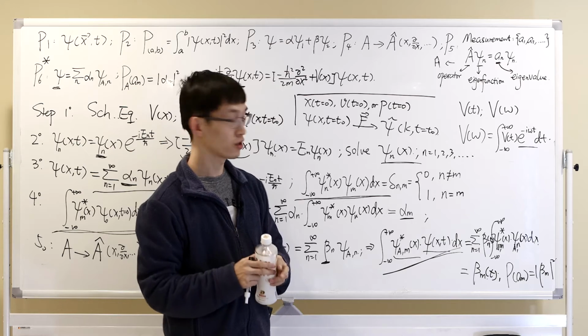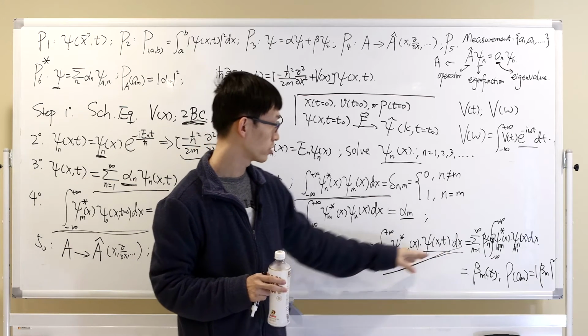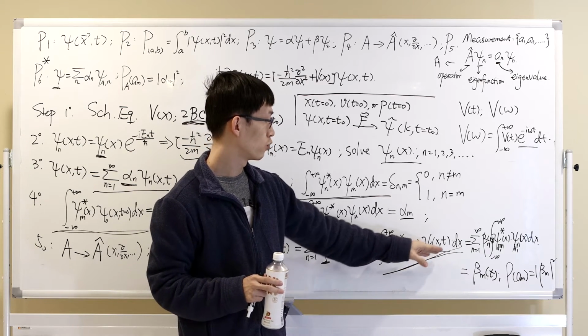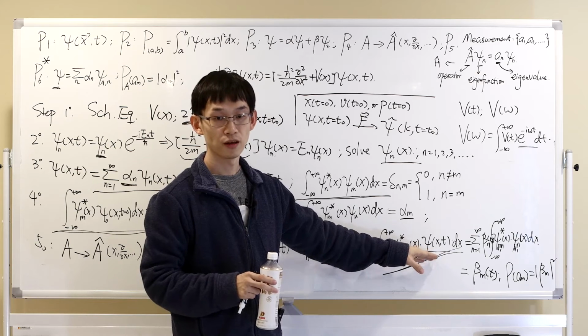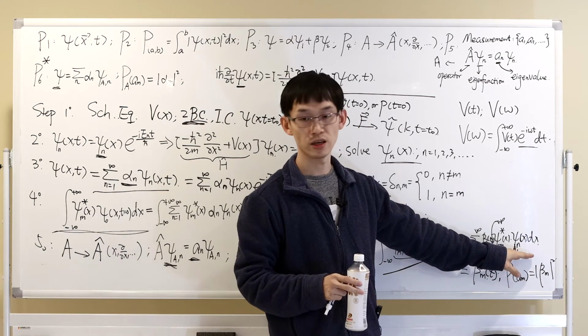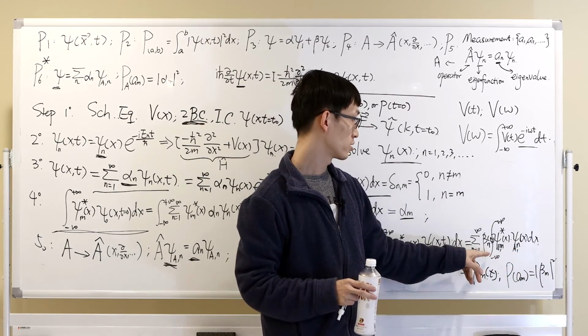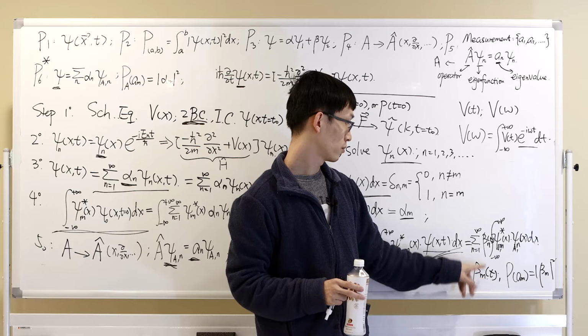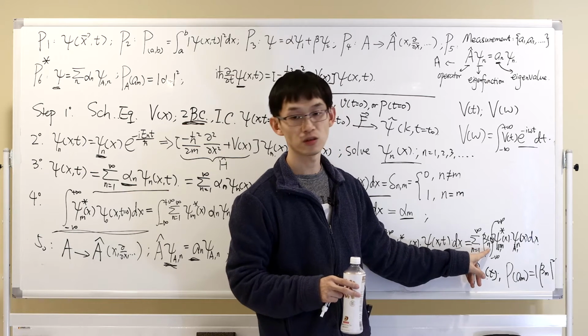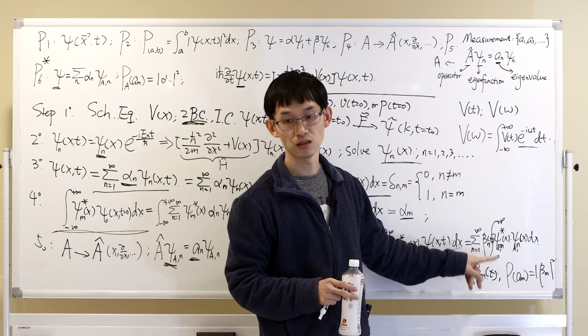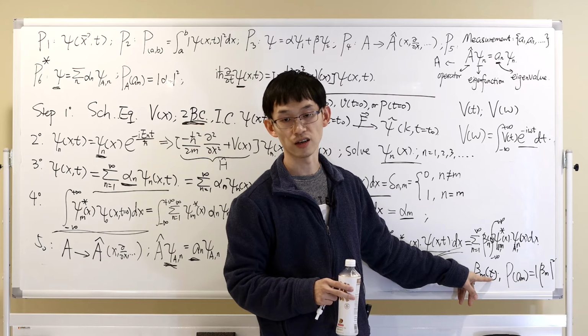Because on the left-hand side, after integration, the result will be a function of time, and on the right-hand side you don't see any time term. So the only possible way to resolve this is that your coefficient beta here is not a constant, but instead a function of time.